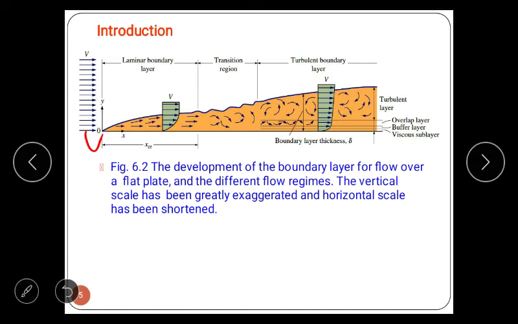The fluid is not perfectly laminar or perfectly turbulent. The last boundary which is formed is the turbulent boundary layer, in which the fluid velocity increases and lines of fluid are crossing each other.